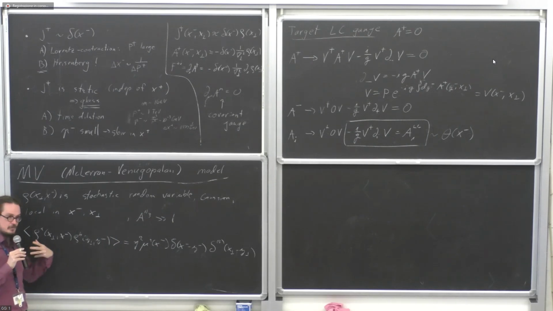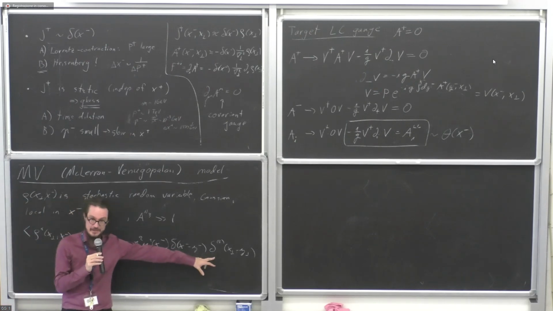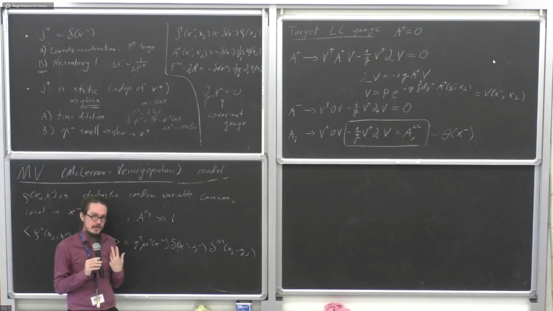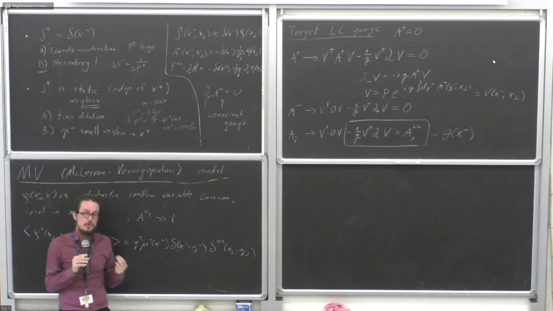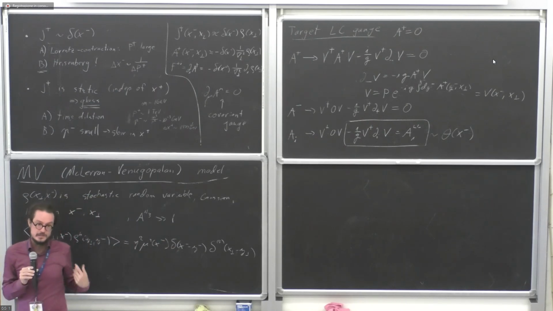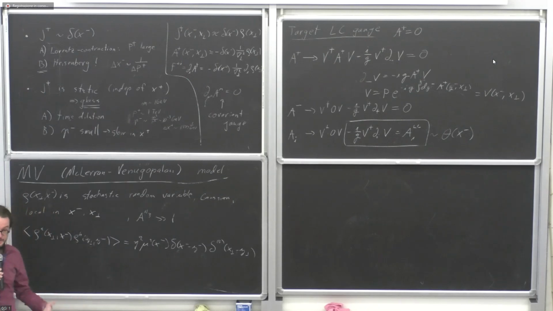It's consistent with DGLAP evolution, because this point-like nature also means that your color charges are like point-like observables. So this gives you power law tails in transverse momentum of point-like particles. So in some sense, it matches a physical picture quite nicely.